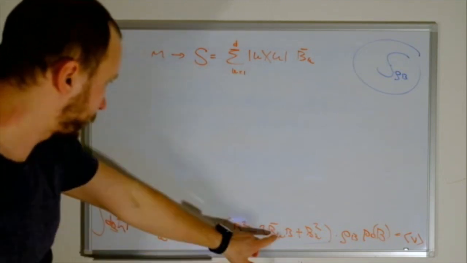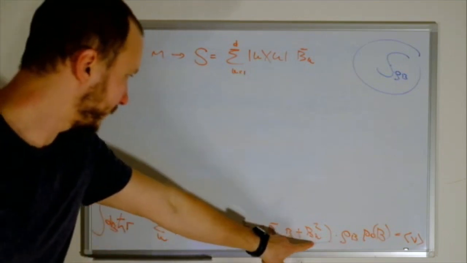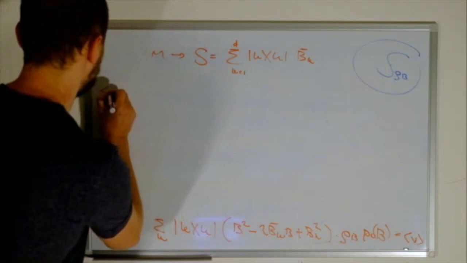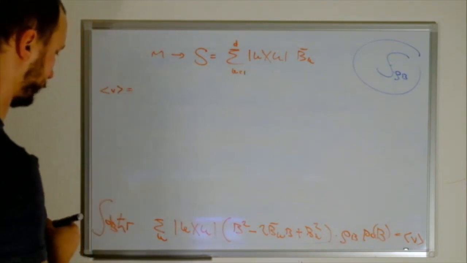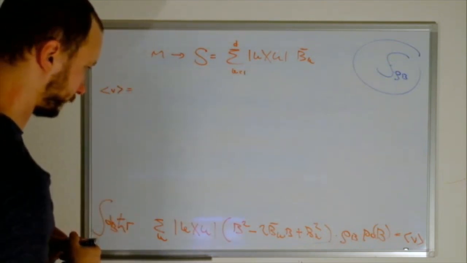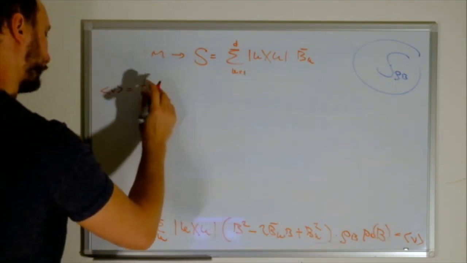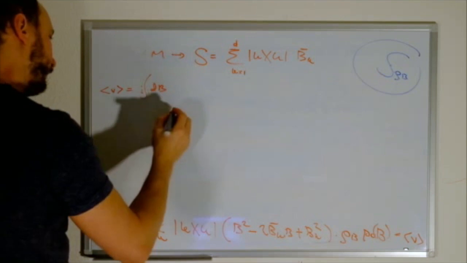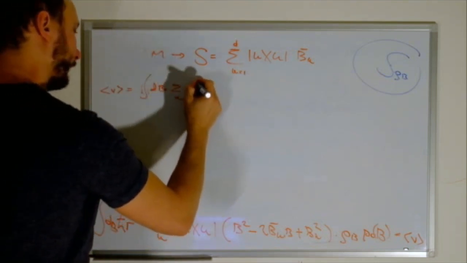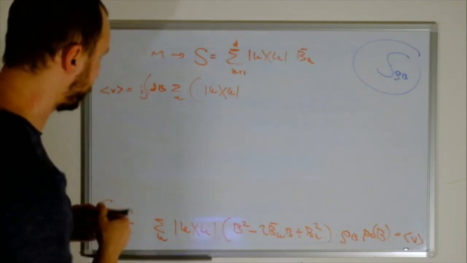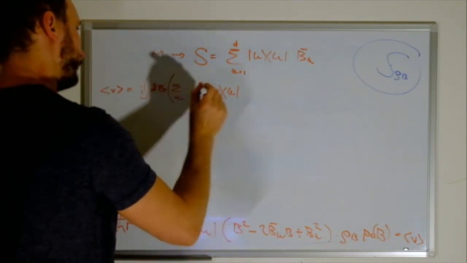And to do this, you see the only thing which depends on k is just this bk here and the projector. So again, let's write it down here. V is equal to the integral over dB, sum over k, and the first term is the sum of the projectors |k><k|. Yes.